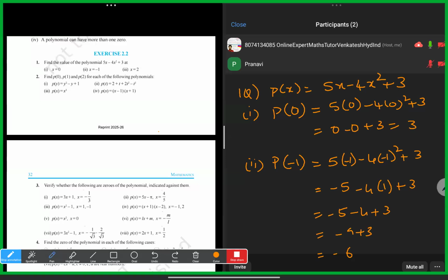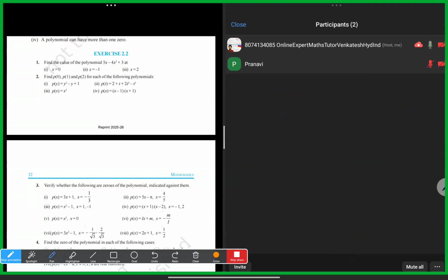So here we'll go to the third bit. For the third bit also the polynomial is the same. We need to find out the polynomial value when x is 2. So p of x is the same, 5x minus 4x squared plus 3.